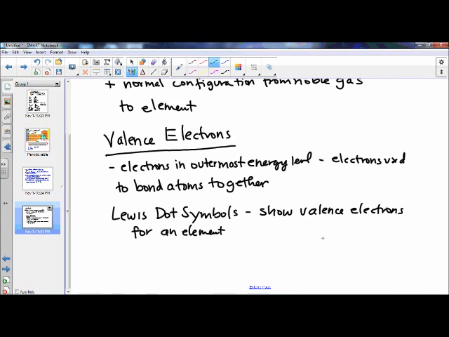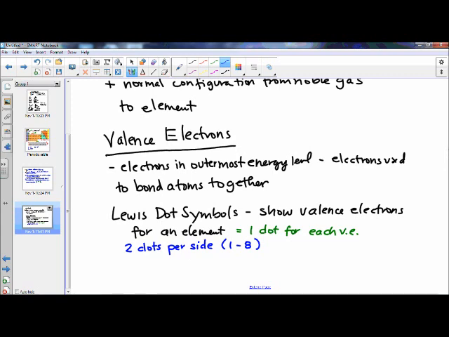We're going to put 1 dot for each valence electron, and we're going to put 2 dots per side. So the minimum, the fewest valence electrons you can have is 1, and the largest you have is 8.